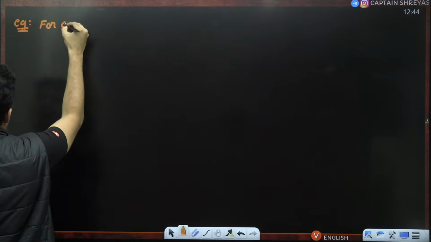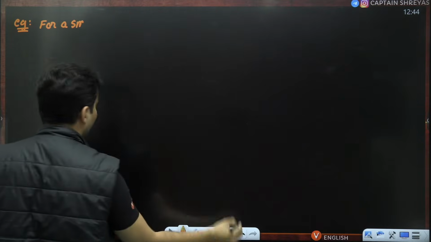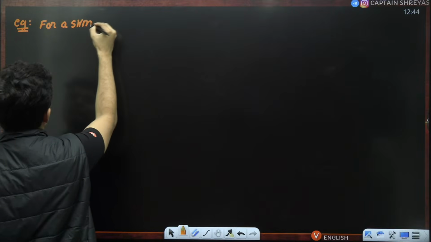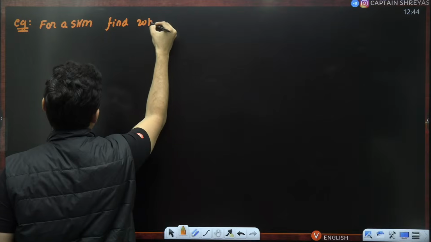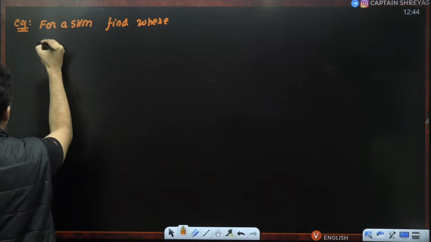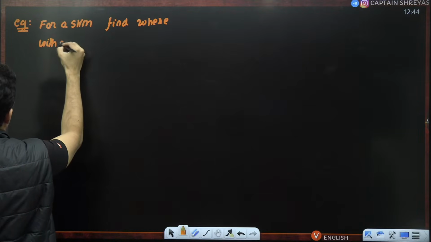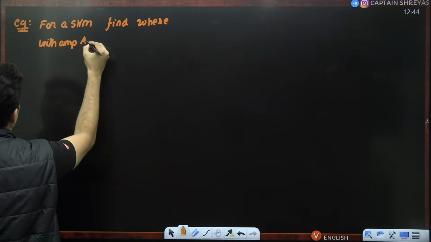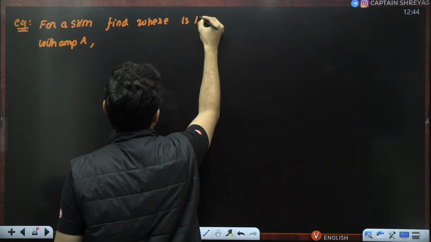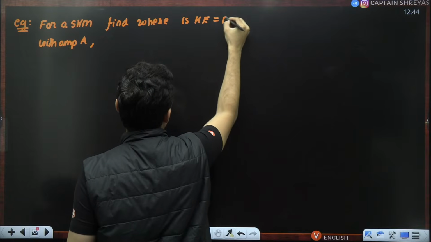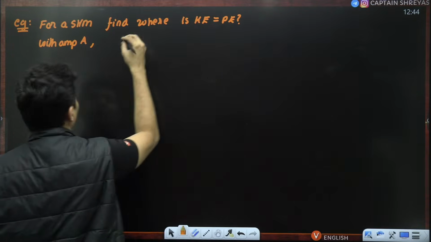For a SHM with amplitude A, find where is the kinetic energy equal to potential energy, number 1.